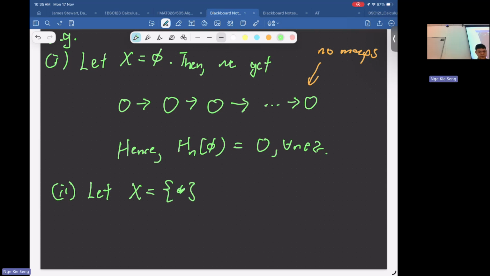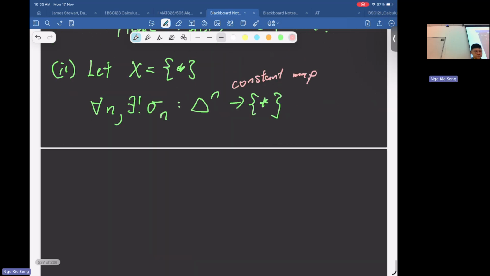So the next non-trivial one is the point. Okay. Let's consider a one-point set. So we need to consider for every n, what are the continuous maps from delta n to this one point. So what could this be? Okay, this is only one map as well. This is a unique map, which is the constant map.